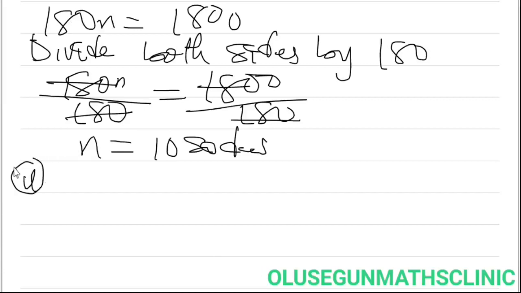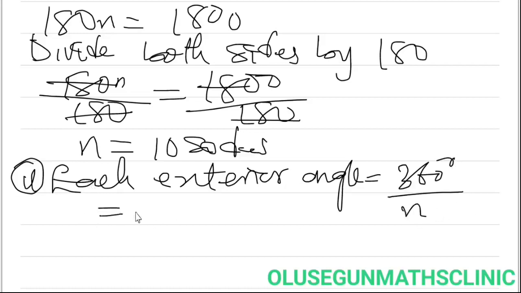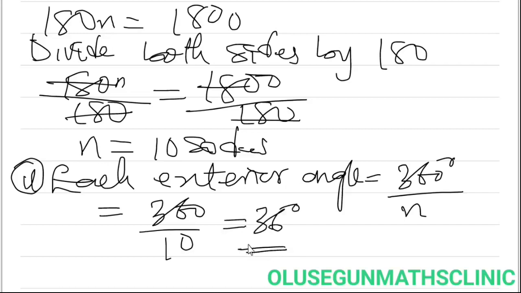The formula for each exterior angle is equal to 360 degrees over the number of sides, which is 360 divided by 10. So each exterior angle is 36 degrees. That is the answer for question 2A1 and 2A2.